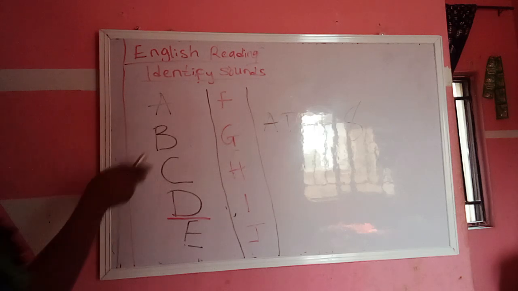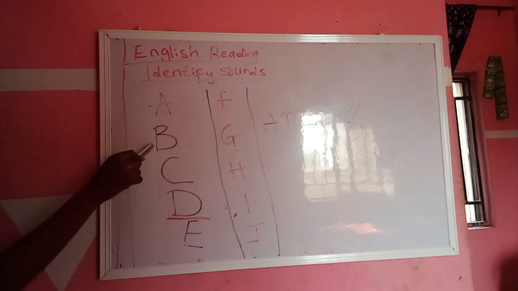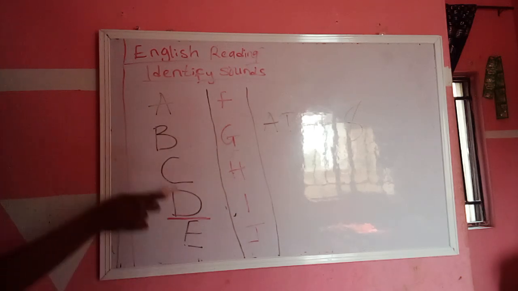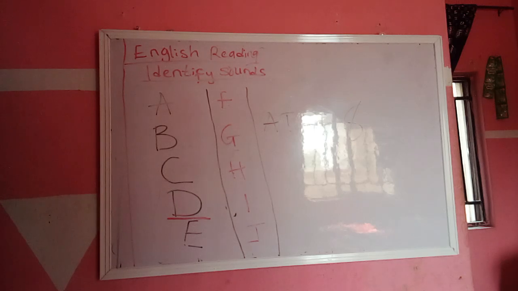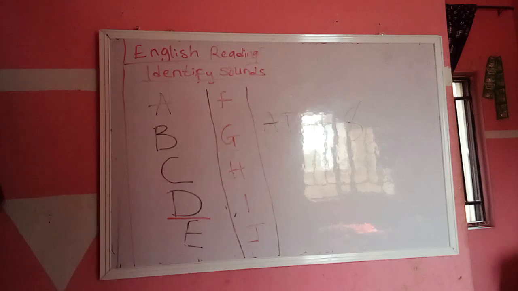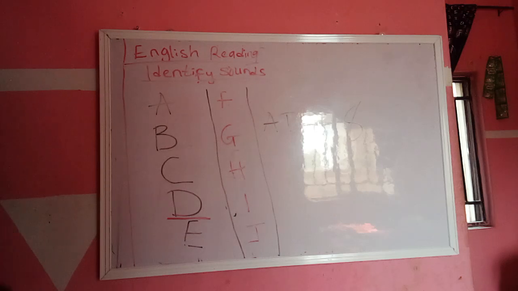Then B as in bed. C as in cup. D as in drink. E as in egg. E as in A.